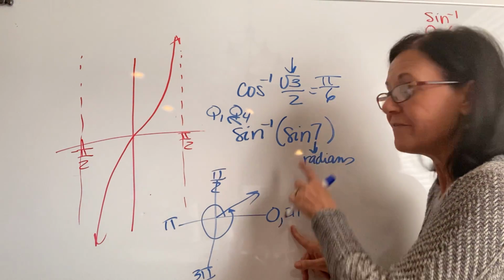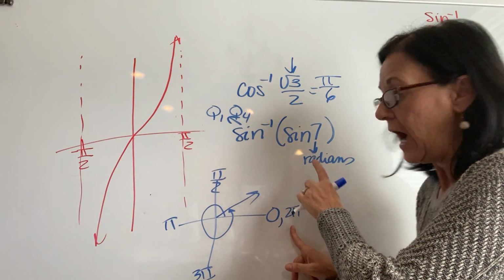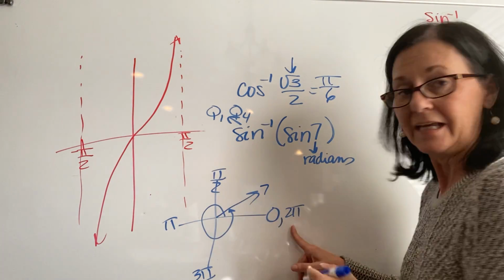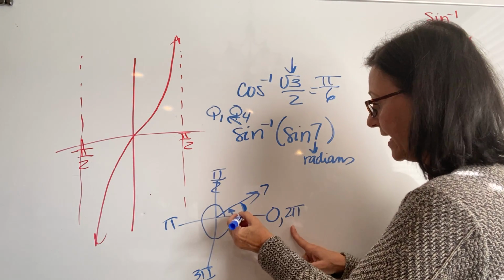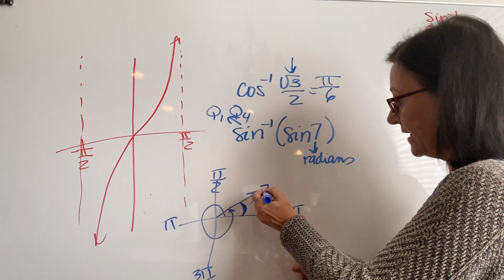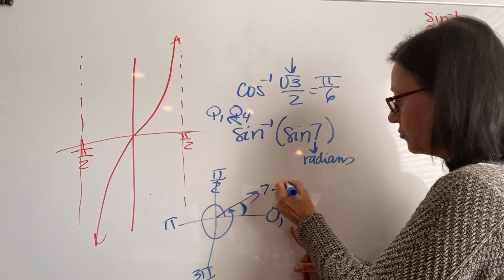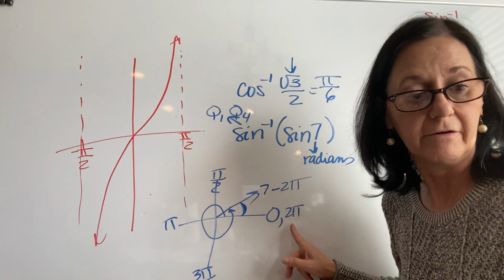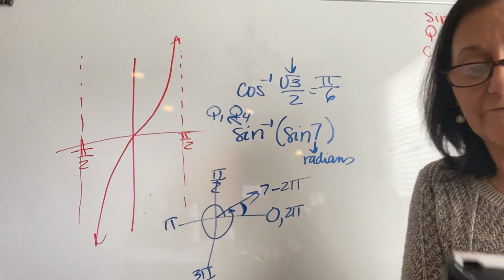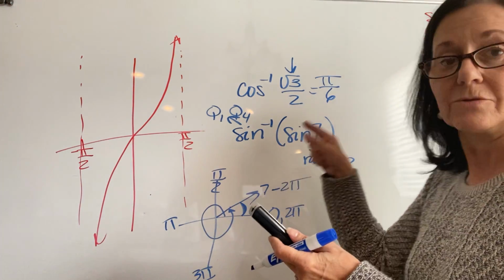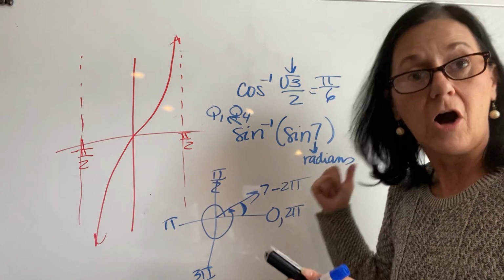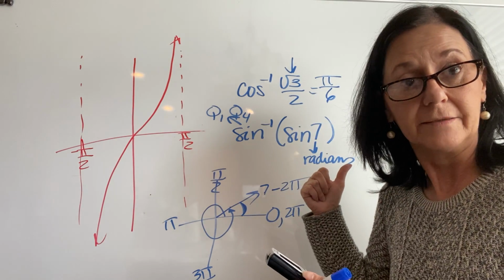So how do I find the radians then? I take this 7, which is the radians here, and I want this angle. Because it goes all the way around and past it, I'm going to take the 7 and subtract 2 pi from it to get the radians in that first quadrant. Because when I'm doing the inverse, I'm solving for the radians, right?